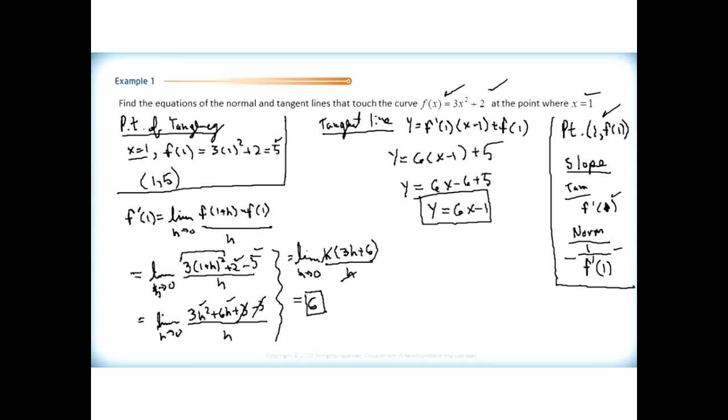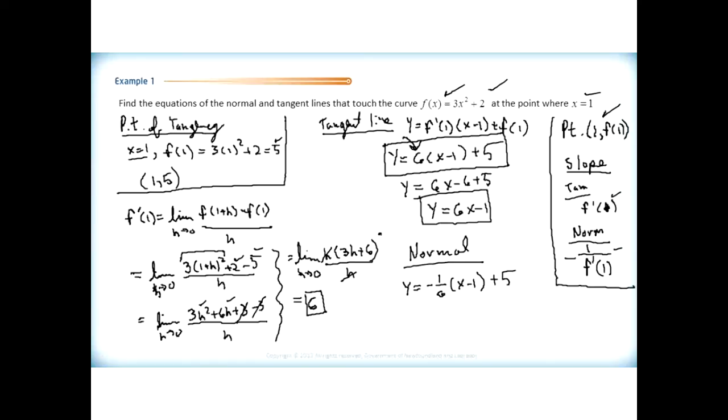Okay? For the normal line, it's going to look exactly like this, except we have to change one little detail, and that is our slope right here. So let's get the equation of our normal. It will be y equals negative 1/6 of x minus 1 plus 5.